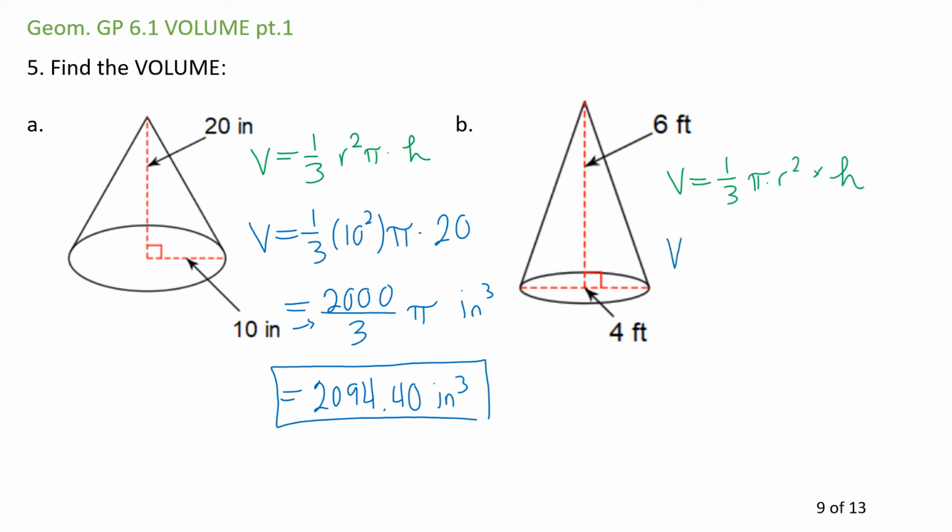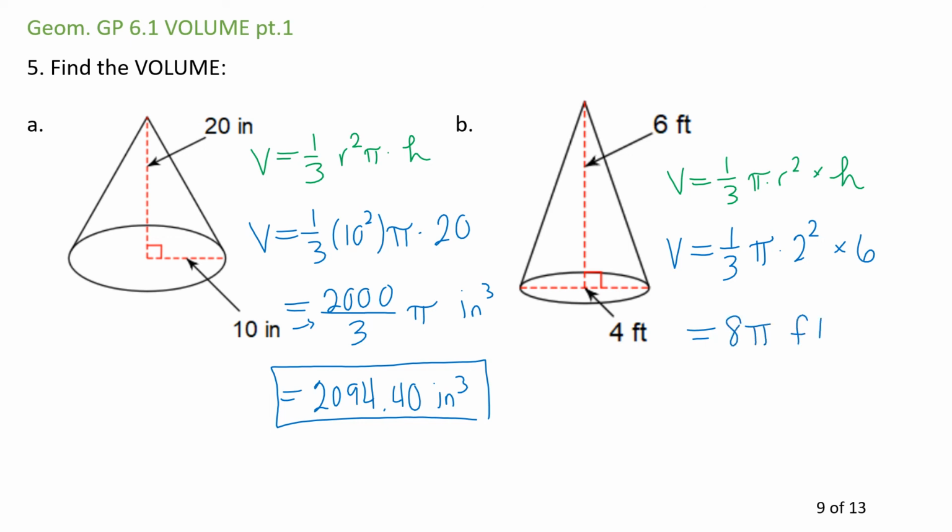Let's see. 1/3 pi r squared. Make sure you use the radius and not the diameter. The radius is only 2 on this one. 8 pi.